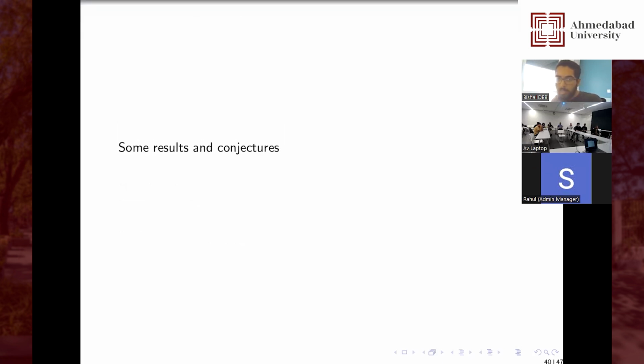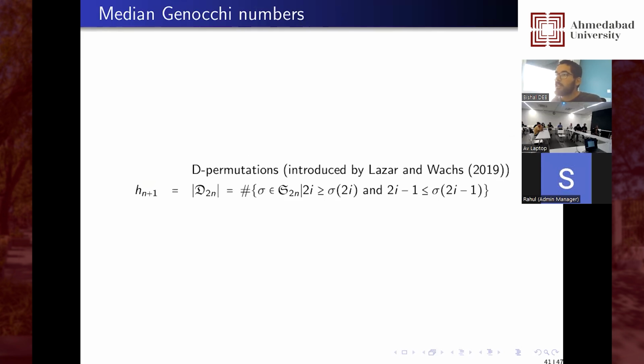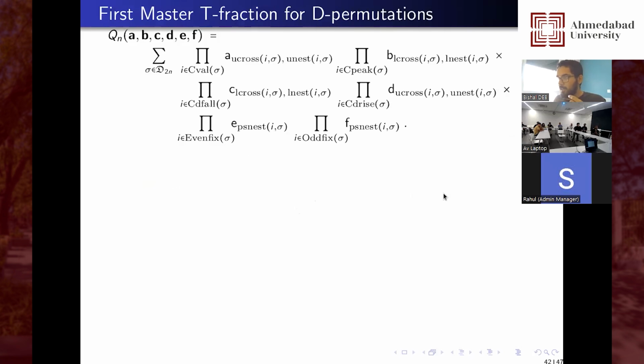So let me just finish quickly with some results and conjectures. Here is something I did during my PhD. There is a class of permutations called D-permutations. These are all permutations on 2n such that for every even index, 2i is bigger than or equal to sigma(2i), and 2i minus 1 is less than or equal to sigma(2i minus 1).